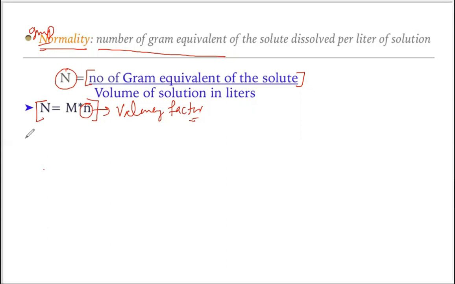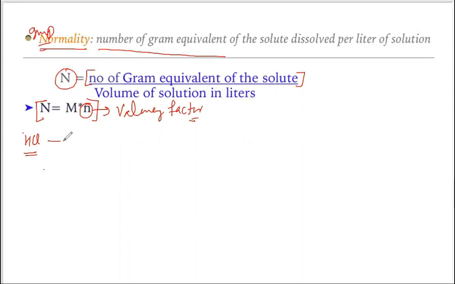We are going to talk about acids and bases only, as normality is related to the concentration terms. Let's suppose we are talking about HCl, a simple acid, and it is a monoprotic acid.